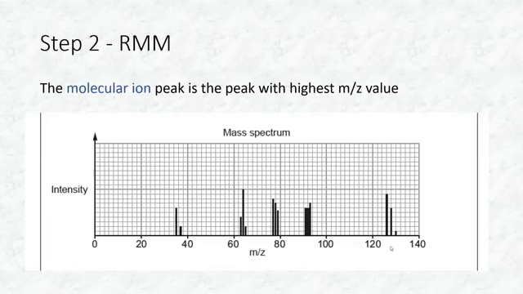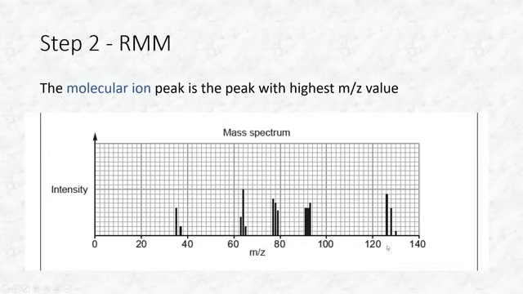So if we had one chlorine atom present, we would expect to see 2 molecular ion peaks, one for molecules that had chlorine-35 and one for molecules that had chlorine-37. But actually we see 3 peaks here, and that's a big clue for us.